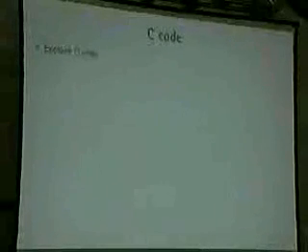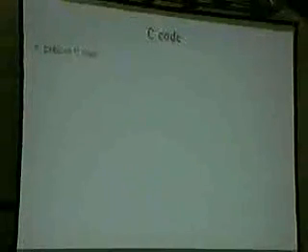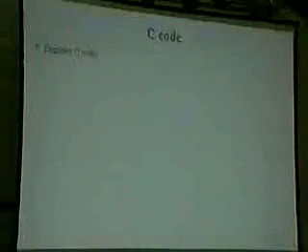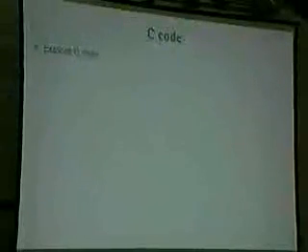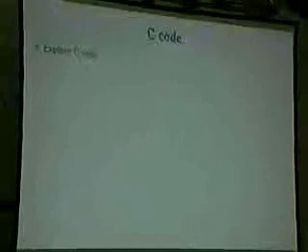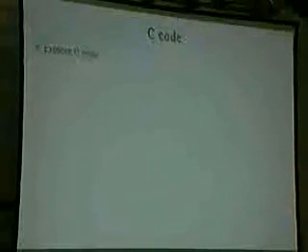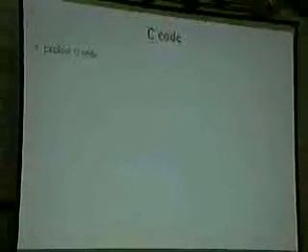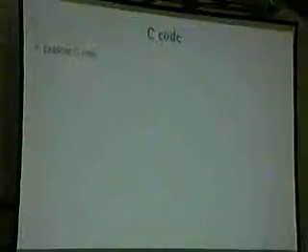Let's take a look at the C code. Talk amongst yourselves. As you'll see in a moment, all of my code is released under the GNU license.